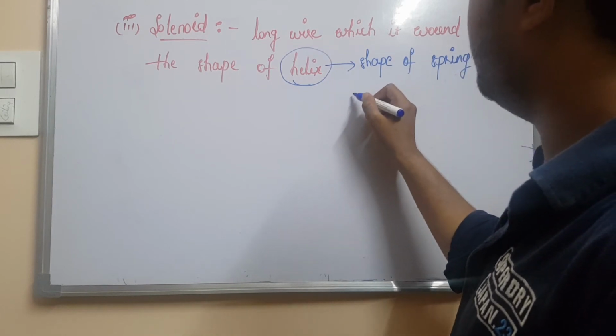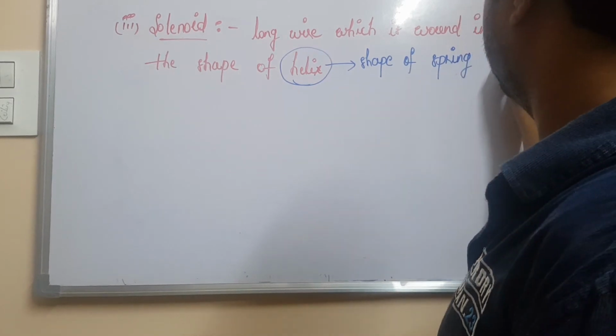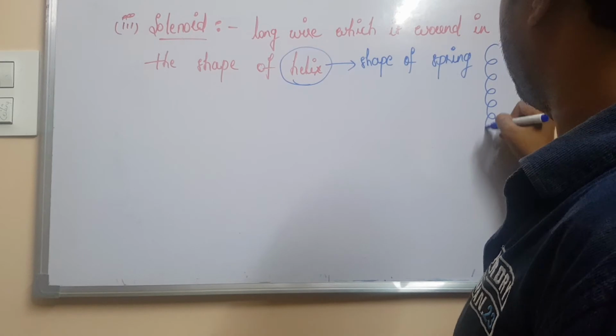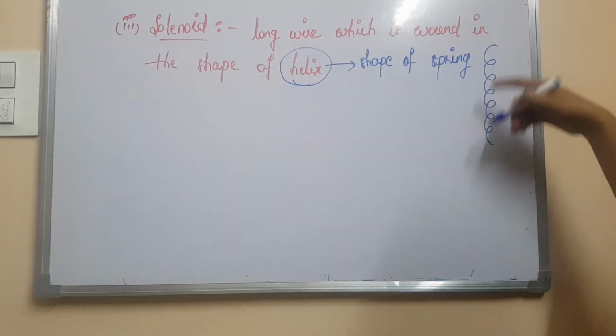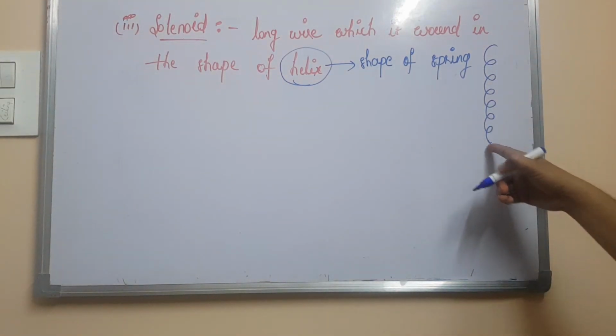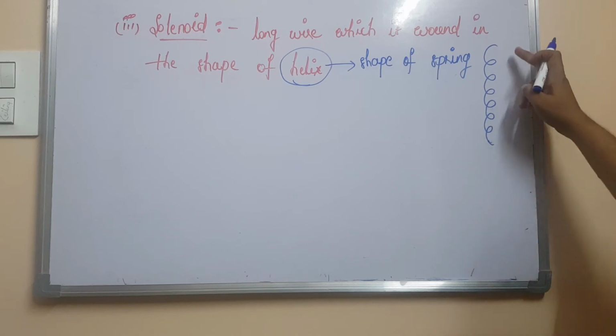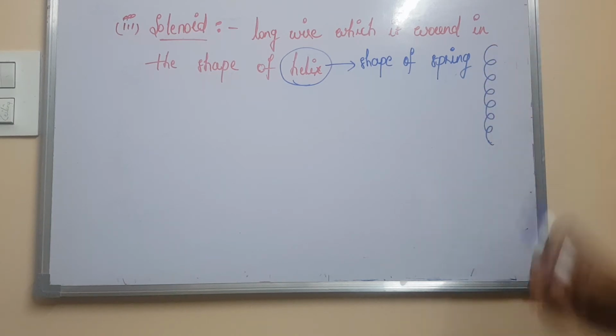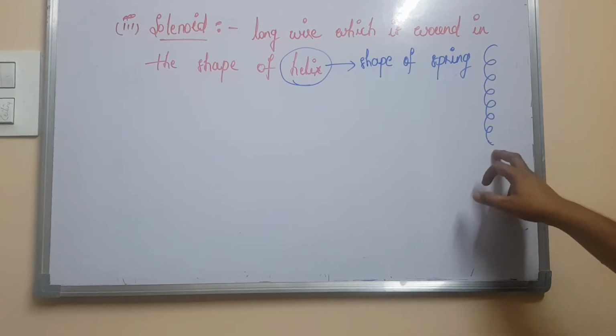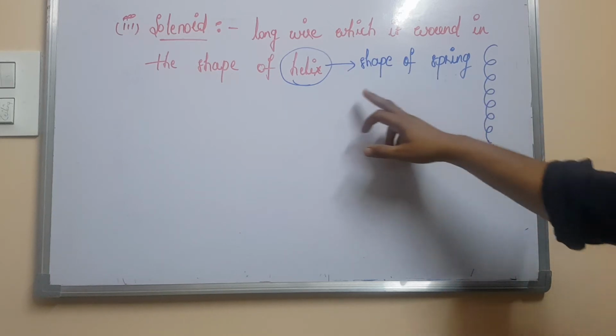You all have an idea about spring shape. This is spring shape. This shape is called helix mathematically. Mathematically, this curve is called a helical curve.